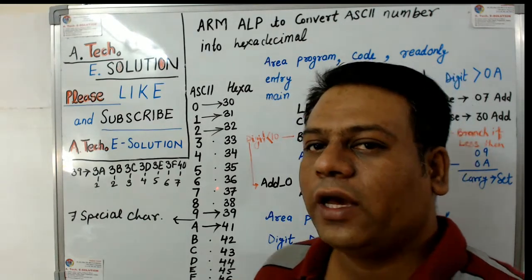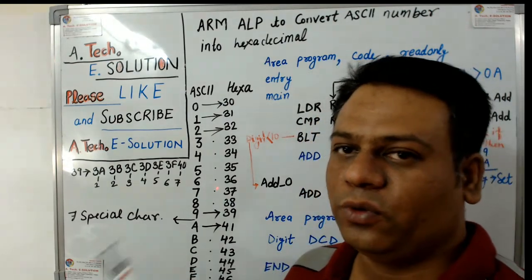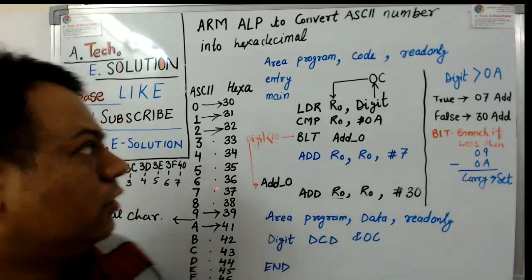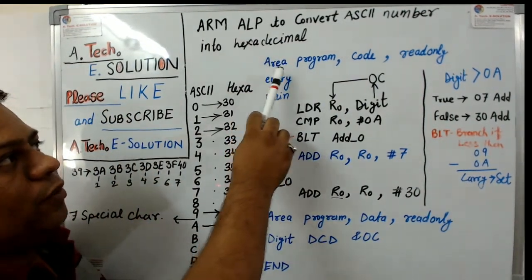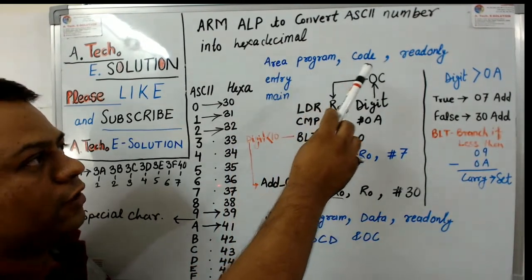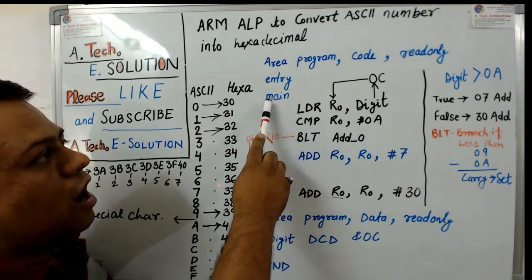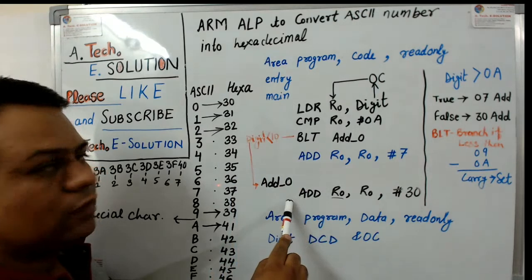So how can we convert? Let us see the complete program with instructions. Here we start our program by writing AREA, program code, read only, then ENTRY, and then main. After main, we are going to write our program.